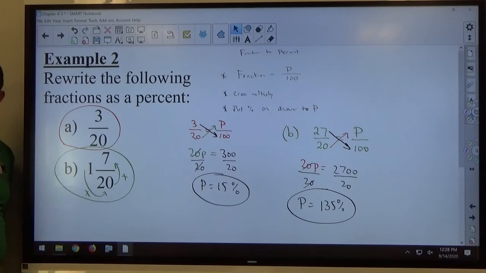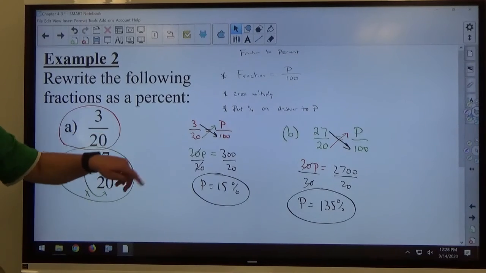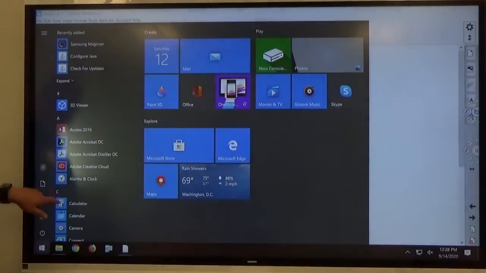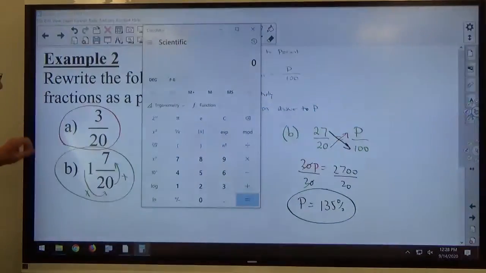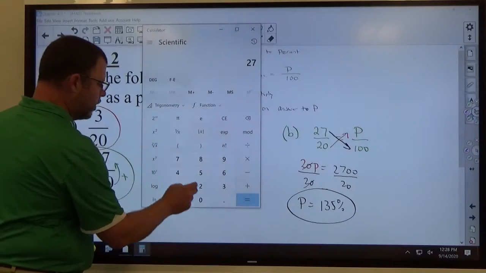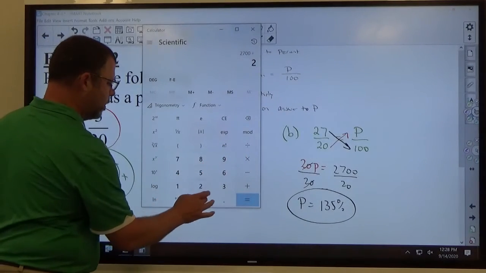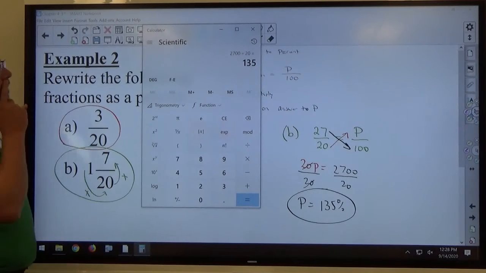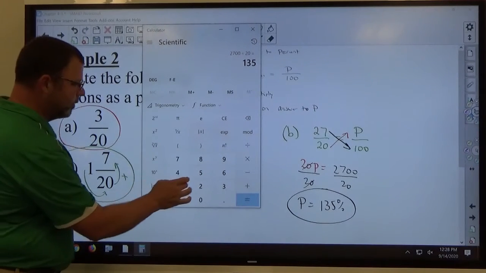Where did you get 135 from? I divided 2,700 by 20. That's what I did, and I got 138.5. Let's see. 2,700 divided by 20. What if you did 2,750 maybe?